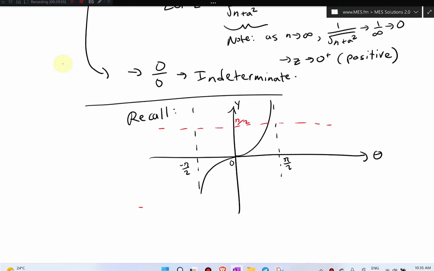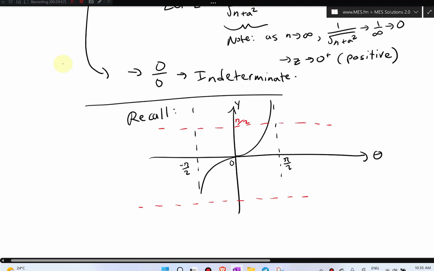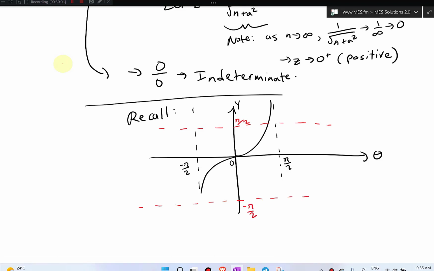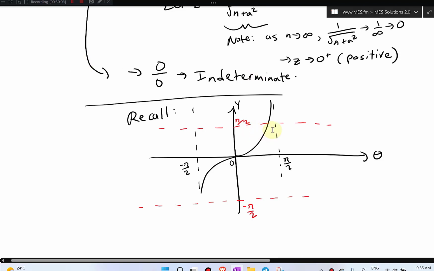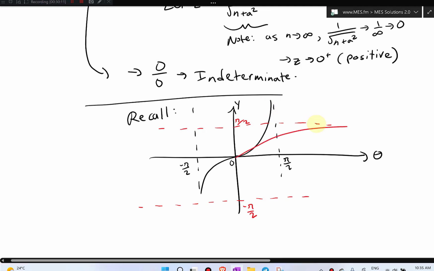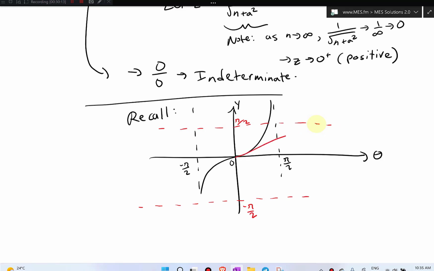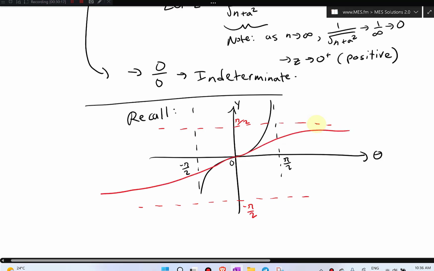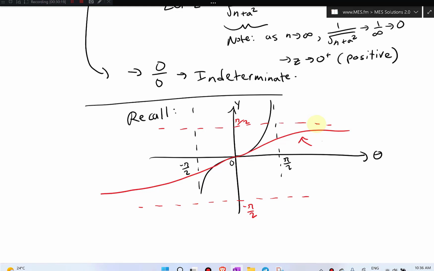As this goes to infinity, it's going to go to infinity and pi over 2, so it goes like this. And this one is still 0, 0, and it's below it, going all the way across. And this is our inverse tan theta.